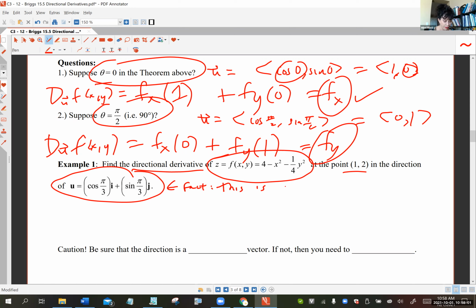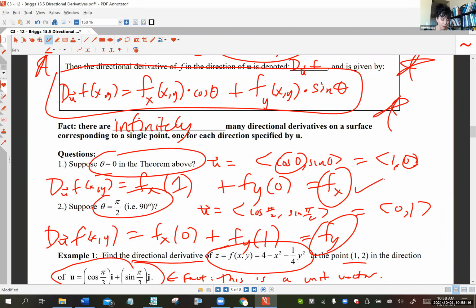Well, how do you know? If you really don't believe me, go ahead and use the magnitude formula, square root of the sum of the squares, and you'll see this magnitude is 1. The unit vector. So good. Well, why is that so important?